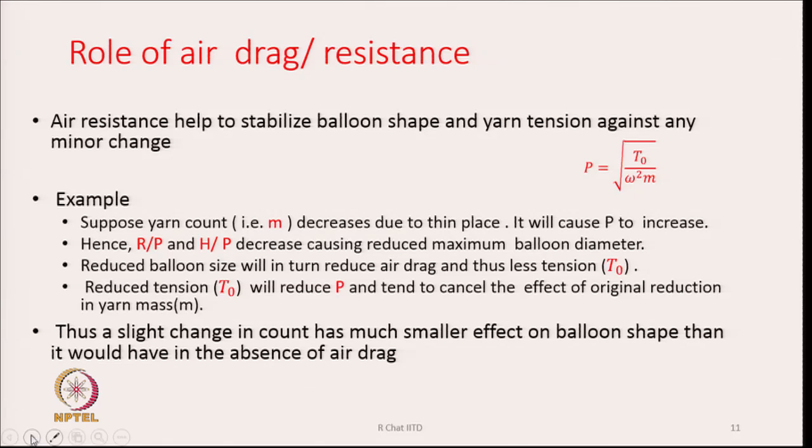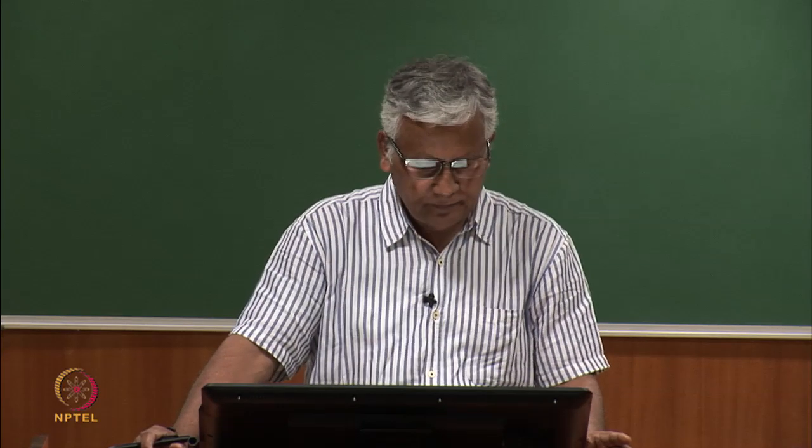Once we start the spinning operation and see that it is working nicely, that we have a stable balloon, then minor variation due to any reason is not really going to create much problem.